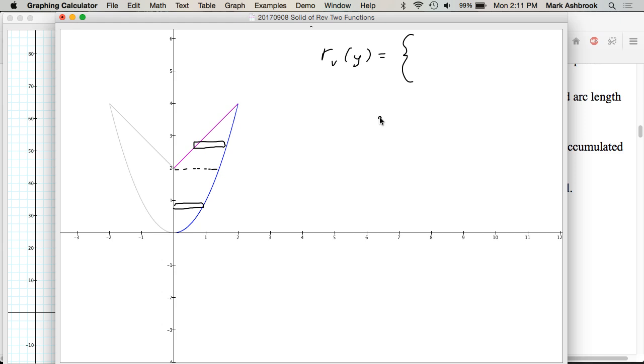So when we rotate this around the y-axis, we get this kind of cylinder that will look like that. And what's the rate of change of this kind of cylinder? As y increases through delta y intervals, what's changing in the current delta y interval of this cylinder?